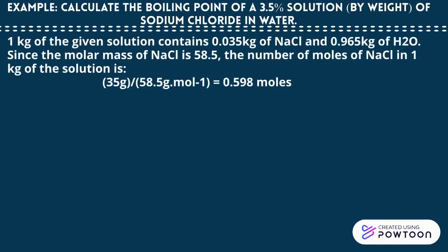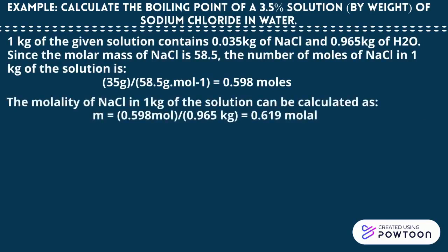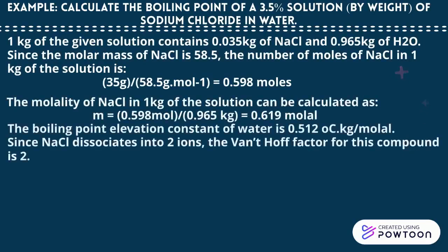First, calculate its moles in 1 kg of solution, then calculate its molality. Since sodium chloride dissociates into 2 ions, the van't Hoff factor for this compound is 2.